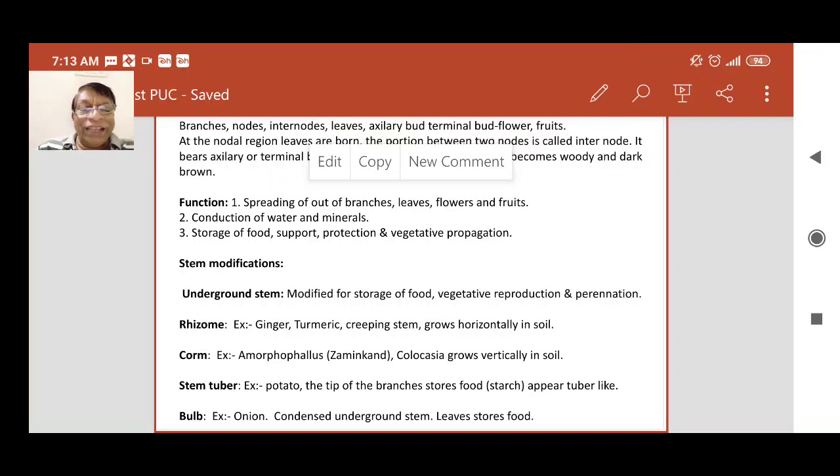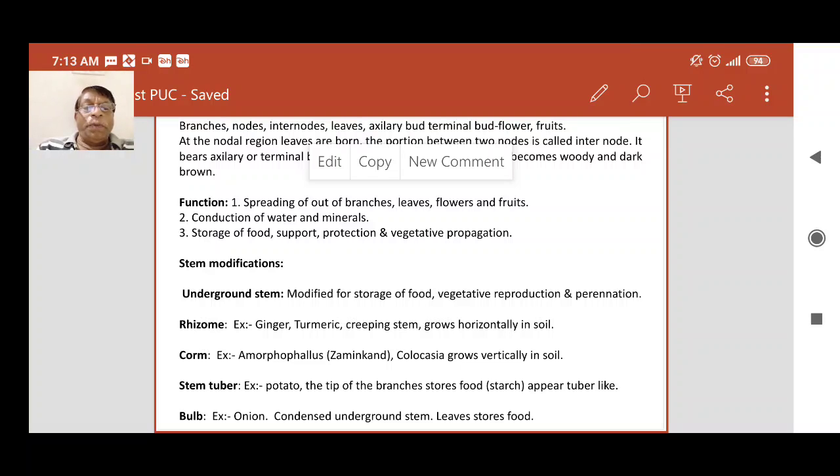What is rhizome? When the stem creeps below the soil and grows horizontally, such a modified stem is called rhizome.